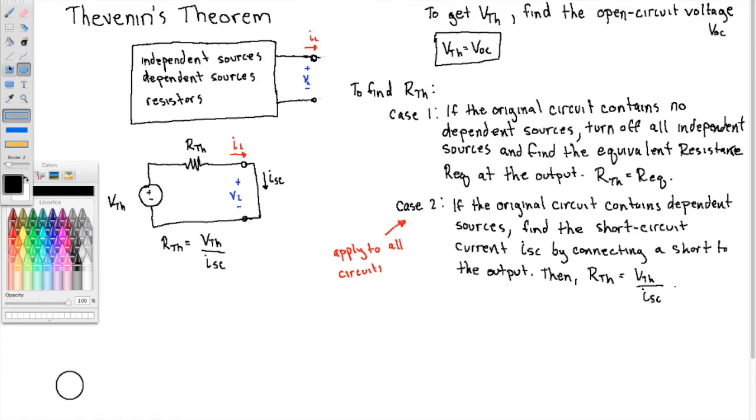So I've got, let's say, 32 volts. And 4 ohms. 12 ohms.